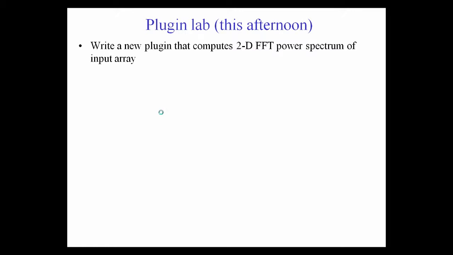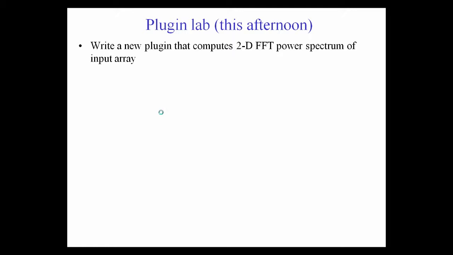So writing a new plugin that's going to take an input array and compute the 2D FFT of that array and convert that FFT into a power spectrum, which means when we're going from the real to a frequency domain, for example, that's a complex number. And right now, NDArrays don't support complex numbers.